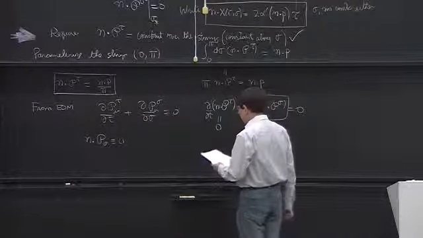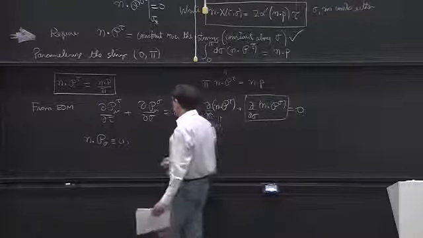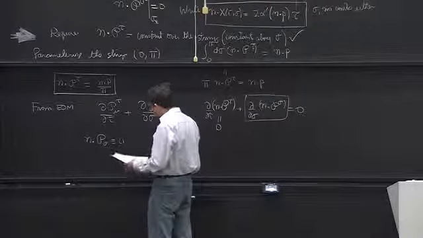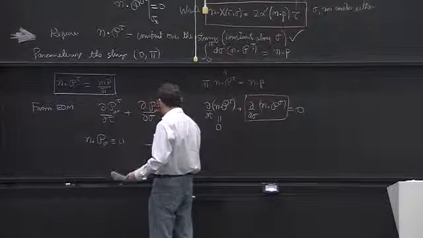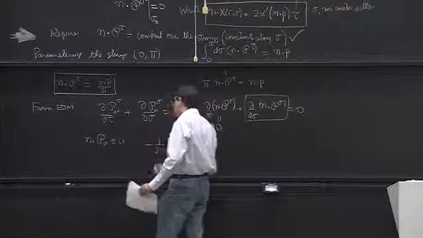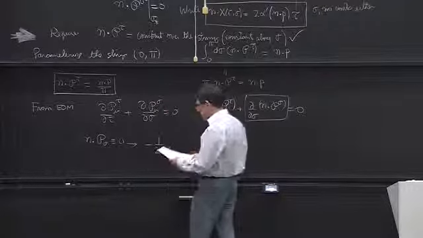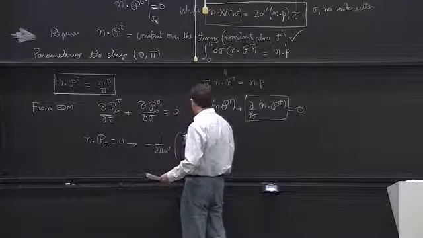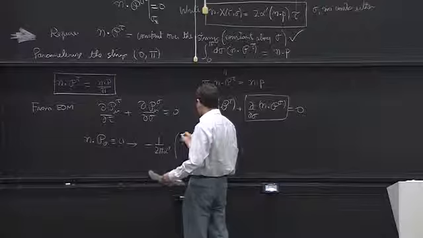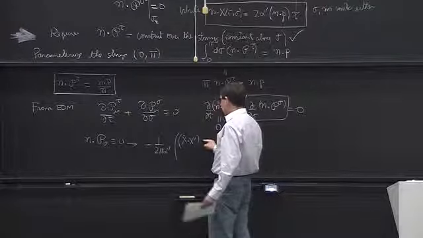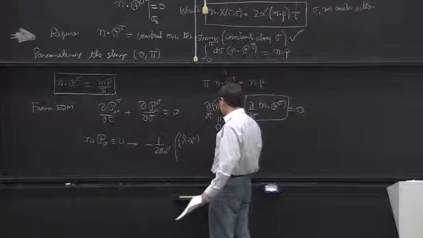So what do we get from this? N dot p sigma, the formula for p sigma was a little complicated, but let me just write it here. This equation, n dot p sigma, is 1 over 2 pi alpha prime, x dot x prime, and you had d/d tau of x here.